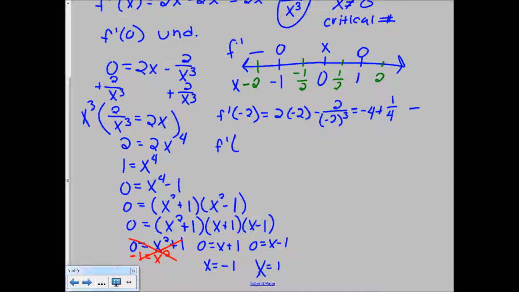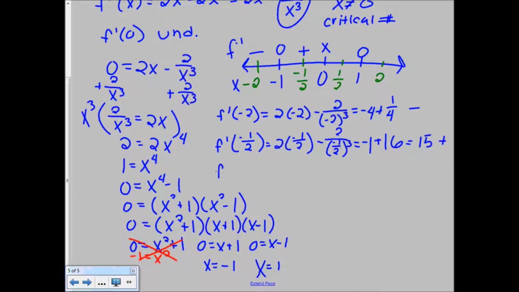Do the same thing for negative 1/2. 2 times negative 1/2 minus 2 over negative 1/2 cubed. Well, that's going to be equal to negative 1 plus 2 over negative 1/8, three parts. The plus sign comes from the negative and the negative 1/8. So 2 over positive 1/8 is going to be 2 times 8, or 16, which is positive 15. So that's definitely positive.